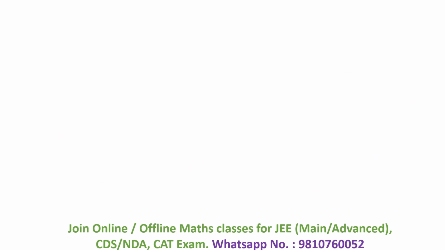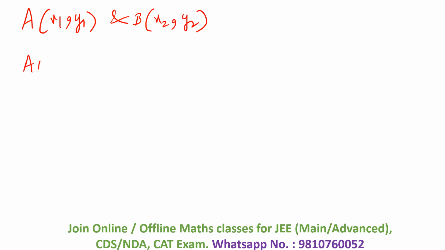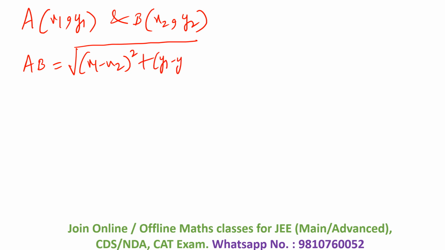Now students, let us say that the chord intersects the ellipse at two distinct points A and B, where A is x1, y1 and B is x2, y2. Now we have to calculate the length of the chord AB. So length AB will be given by square root of x1 minus x2 whole square plus y1 minus y2 whole square.